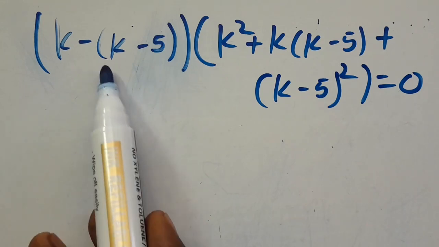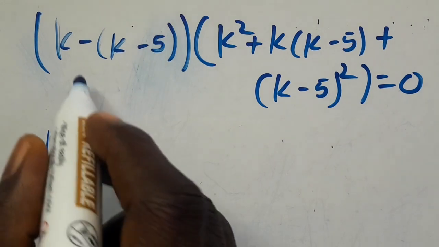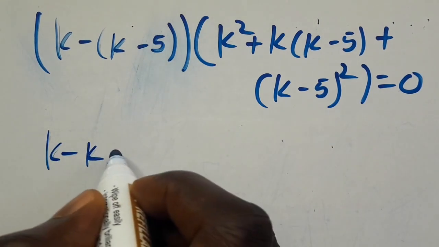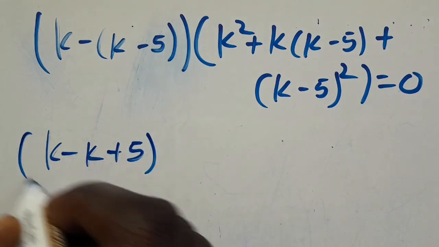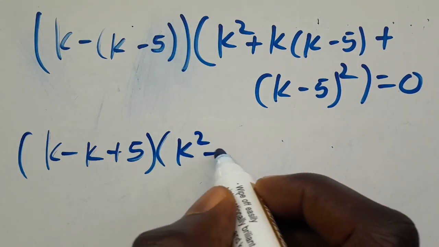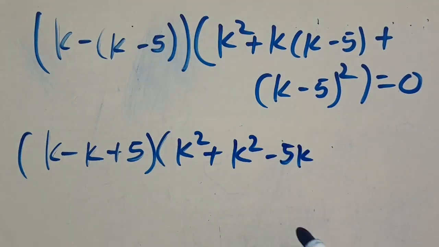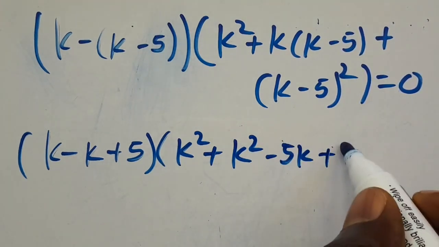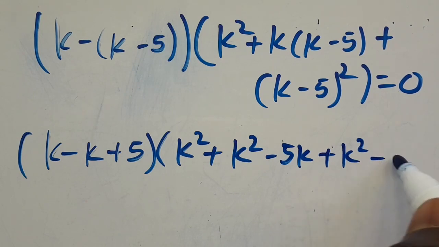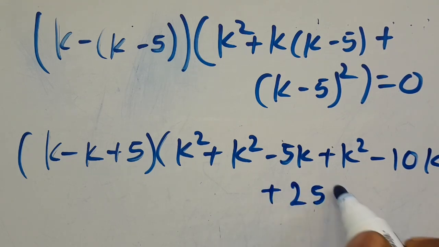So from here, when we open this bracket, we are going to have k minus k plus 5 as this. Here will be k squared plus k squared minus 5k. Open this one, you have k squared minus 10k plus 25.